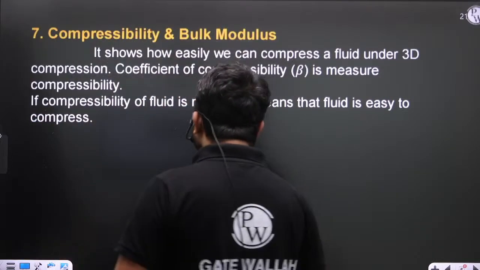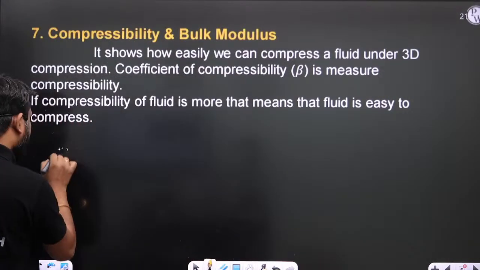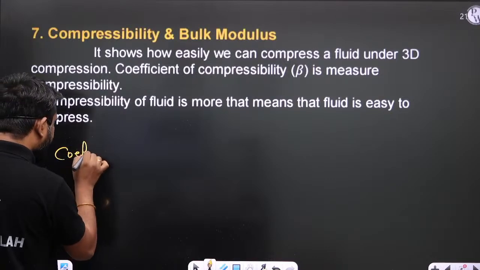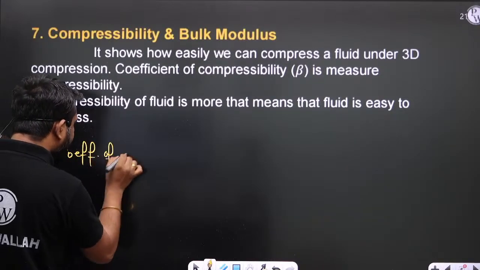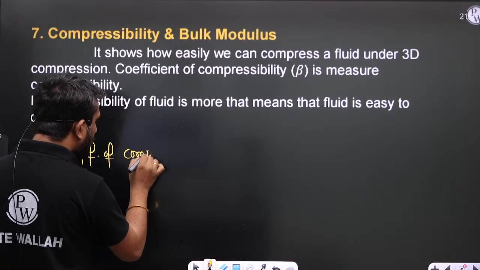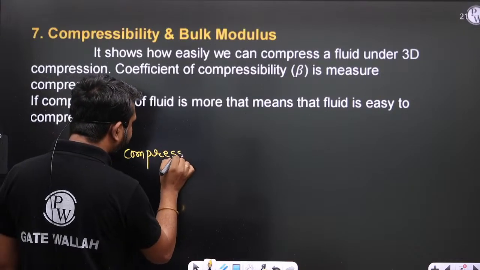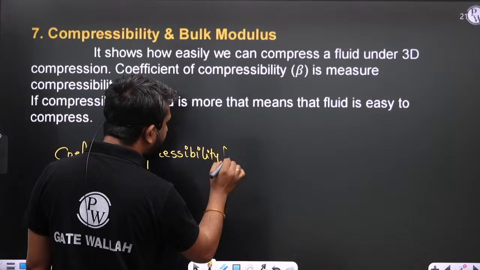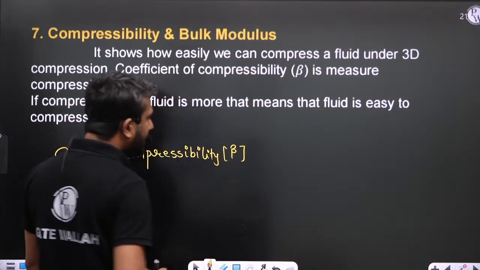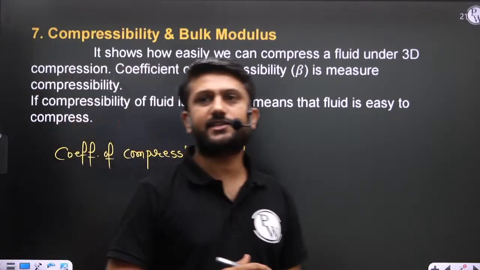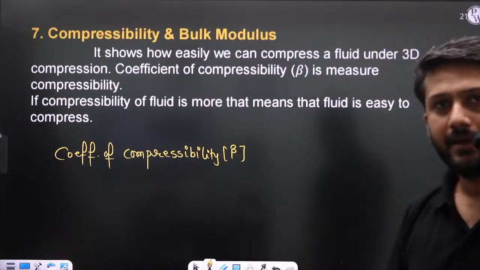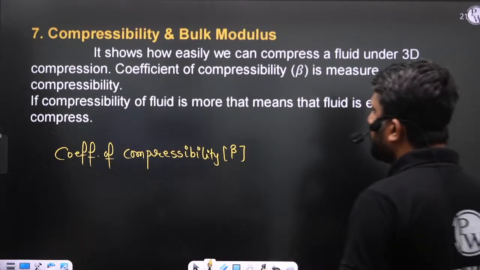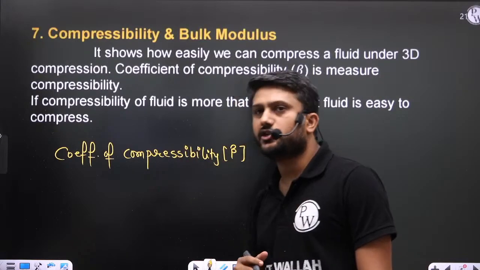So the coefficient of compressibility, denoted by beta, is the measure of compressibility. How do you define the coefficient of compressibility?